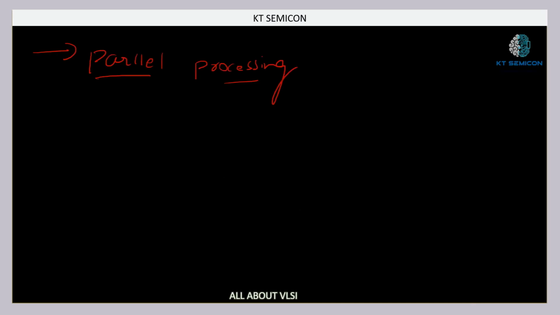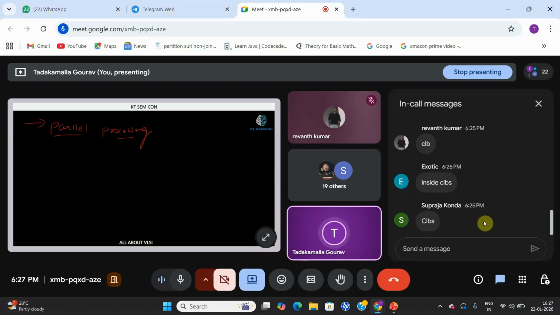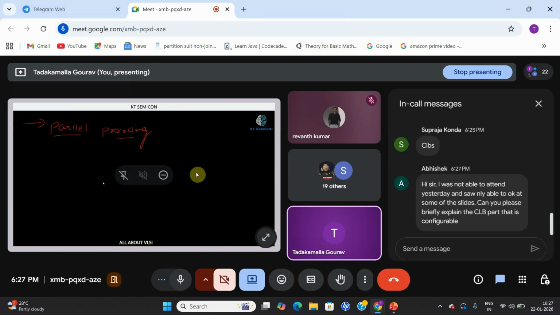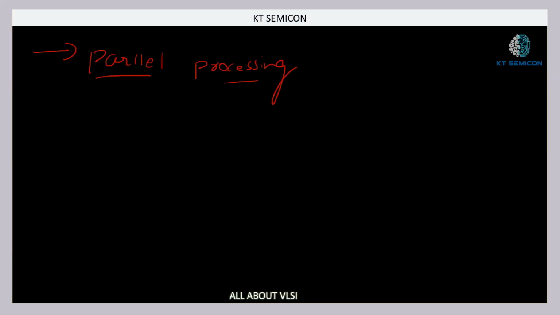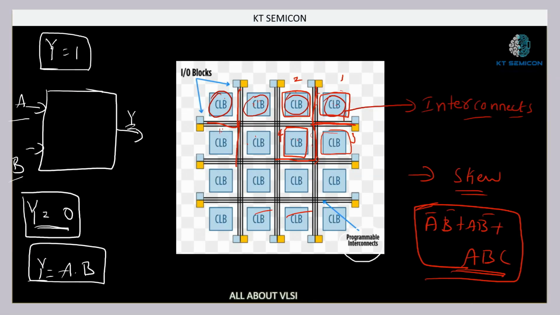So yeah, we have missed one small concept, which is known as parallel processing, right? During our discussions, we have seen that FPGAs have the ability of doing parallel processing. Now, how FPGAs achieve this parallel processing is with the help of these CLBs. We have multiple CLBs, and if we want to implement a particular Boolean function, the tool is going to divide all our logic into multiple CLBs, and it is going to achieve this parallel processing, right?